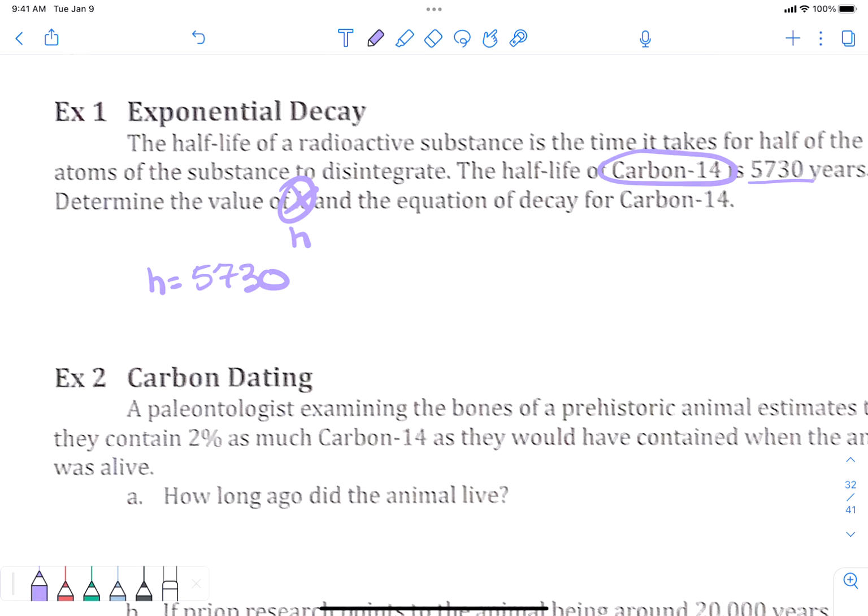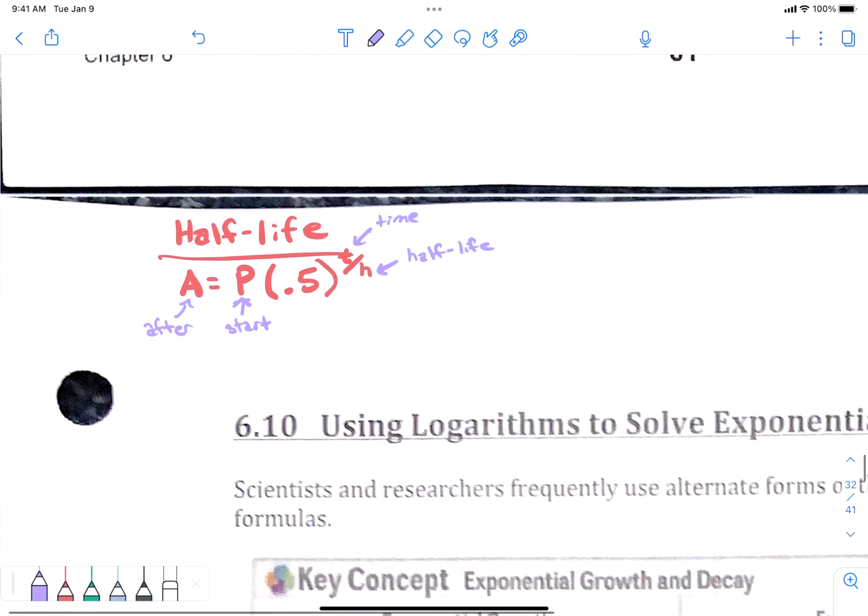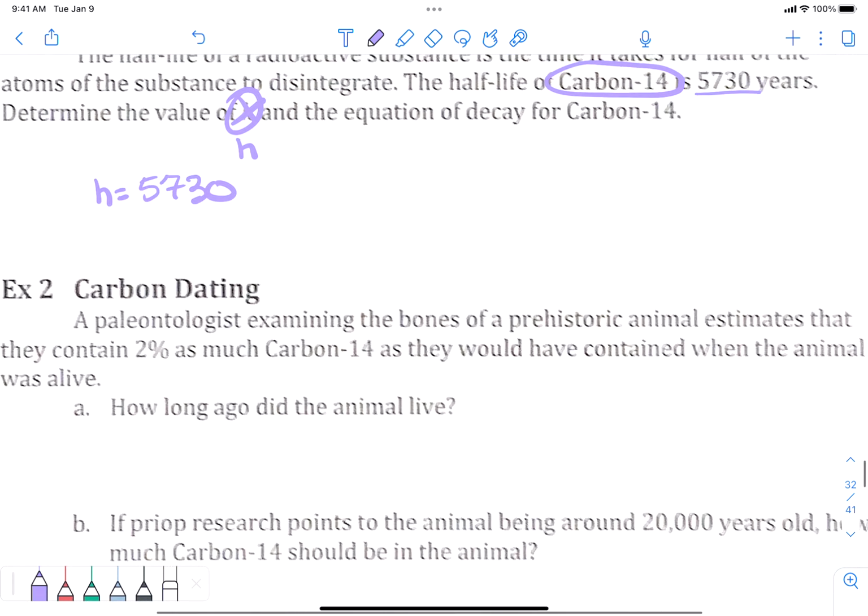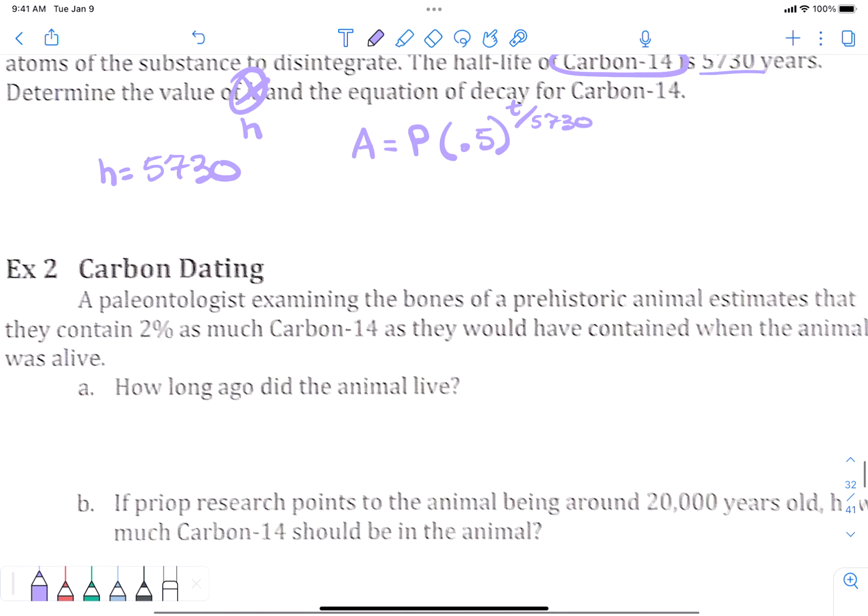And we are plugging that in and writing an equation for this thing. So all we're going to do is plop stuff in. A equals P times 0.5 to the T over 5730, okay? And there's really not anything that we're solving for. Determine the value of H, that's 5730, and write the equation for this carbon-14 dating.